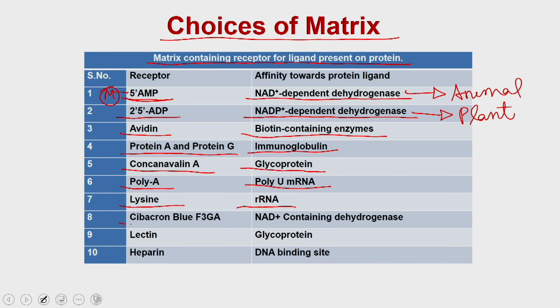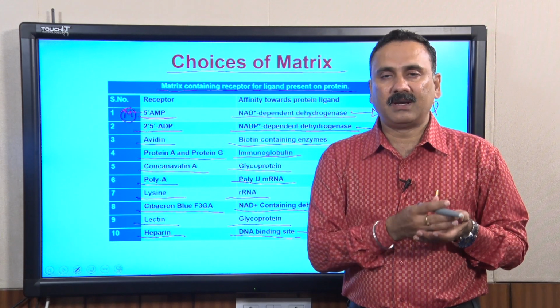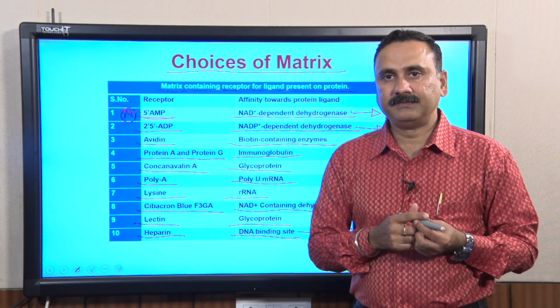Then we have Cibacron blue F3GA, which has an affinity for NAD plus containing dehydrogenases. Then we have lectins, and lectins have affinity for glycoproteins, and then we have heparin, and heparin has an affinity for DNA binding proteins such as SSB and all other proteins which bind directly to the DNA and are important for performing replication, transcription and so on.